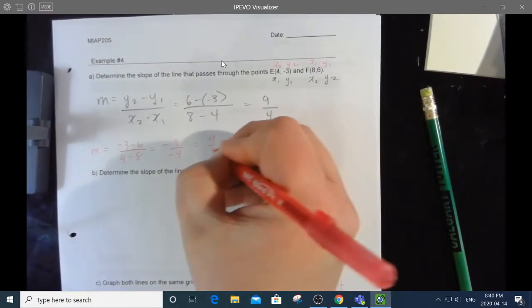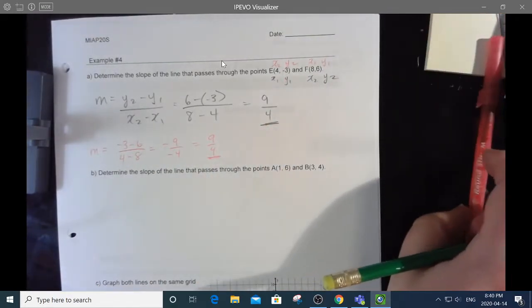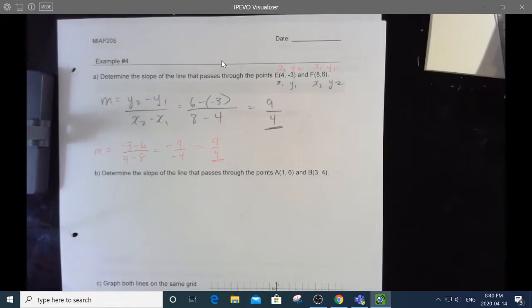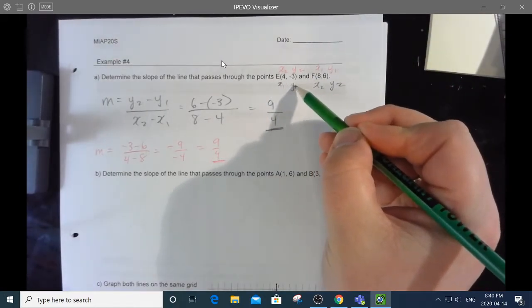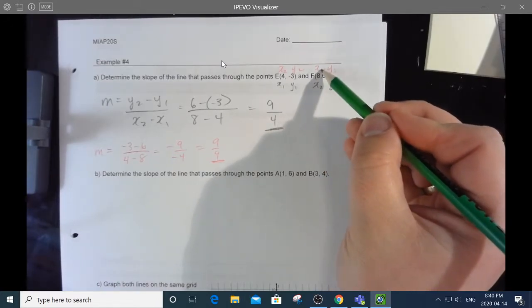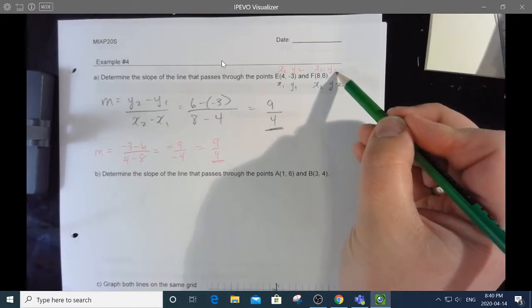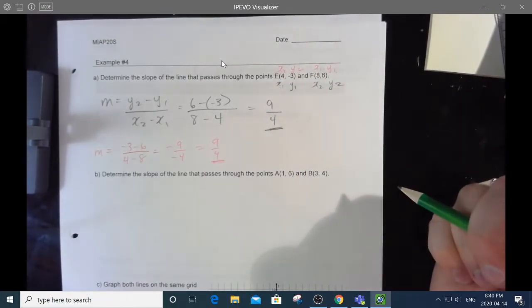Oh yeah, it's a positive. So it doesn't matter which point I call first and which point I call second, as long as, this is important, as long as if you decide that that's x coordinate 1, then its partner has to be y coordinate 1. You can't mix and match. Either this is the first point or it's the second point.